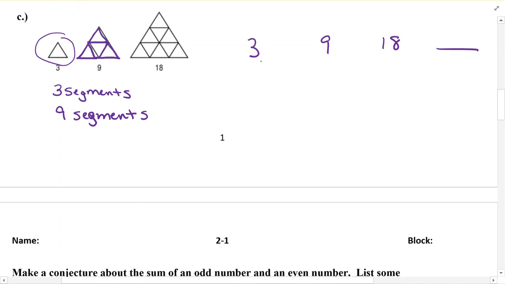The difference between 3 and 9 is 6, and 9 and 18 is 9. So I want to know what the difference is between these two. If I look at 6, I multiply 2 by 3, and that will give me the difference of 6.